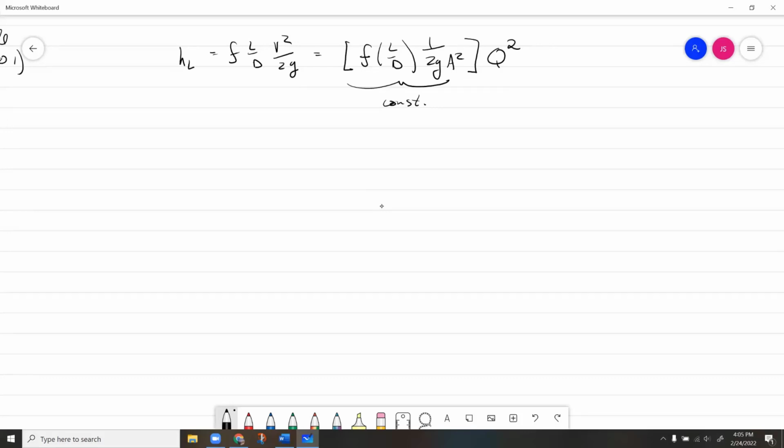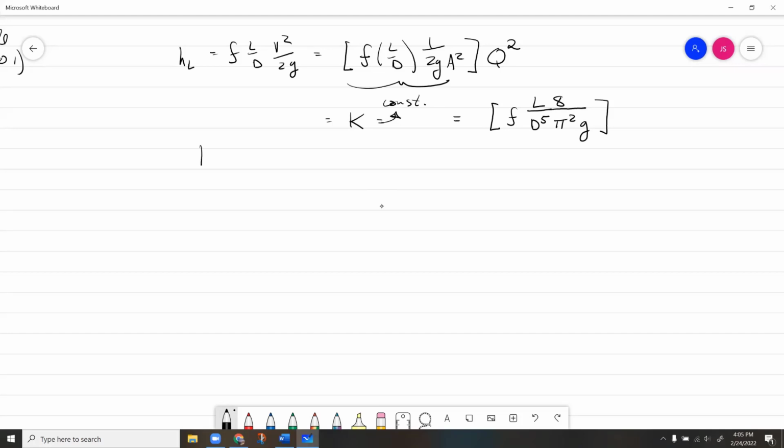And then we'll define this term K as equal to all these constant values. More appropriately, we can say K is equal to, in terms of diameter, because that's usually what we're given, length over D to the 5th, pi squared, we got an 8 in there, and then we've got a G. We'll treat all these as constants.